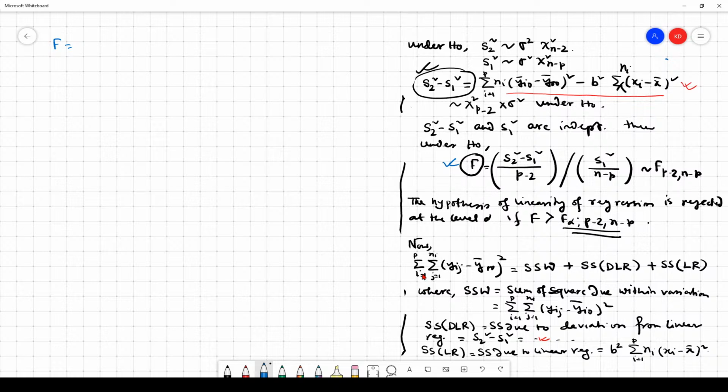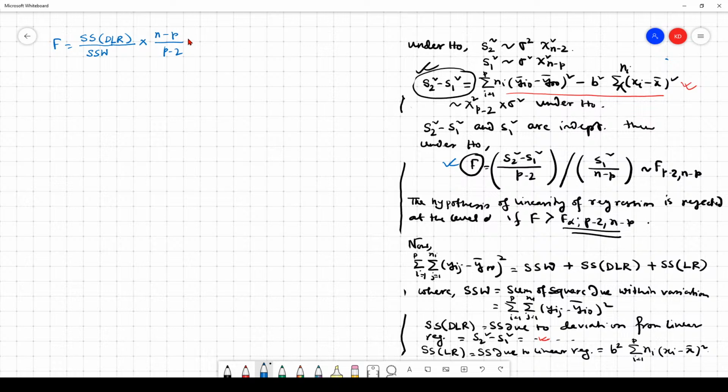So this is nothing but SSDLR, sum of squares due to departure from linearity, by SSW, sum of squares due to within variation, into n minus p over p minus 2.